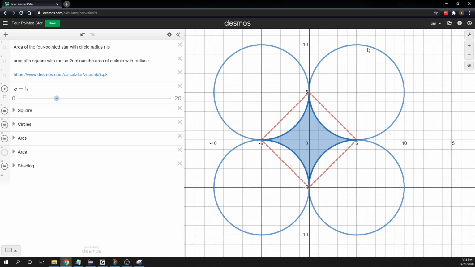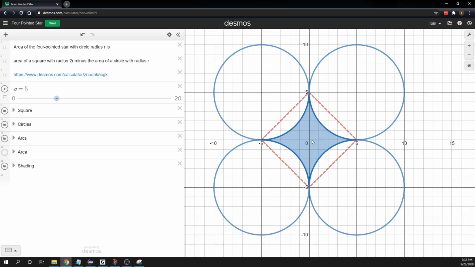So you can see if you drew these circles and then cut with some scissors right along those edges of the square, it would cut the four-pointed star out of the square. Okay, so that's kind of what they're talking about.